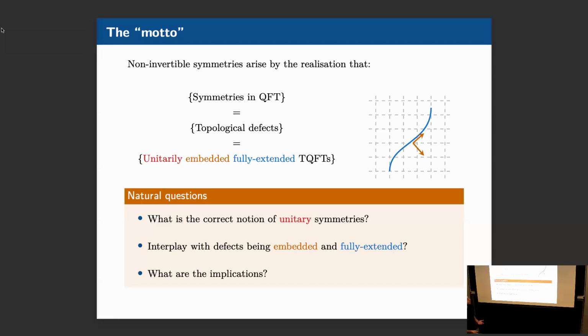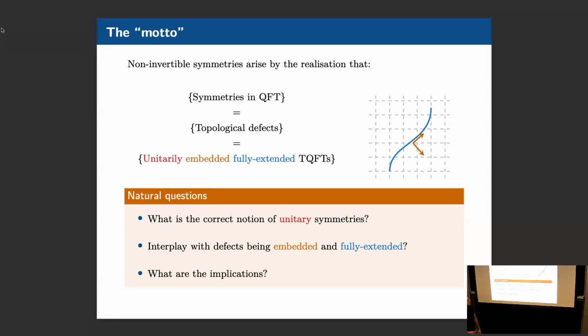So in a sense, we would like to have some notion of unitary defects, okay? And so the categories that capture your categorical symmetries have some additional adjectives that capture these enhanced notions of unitarity, okay?